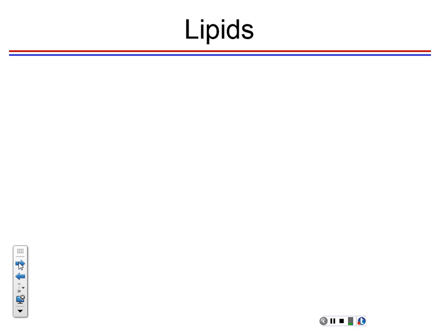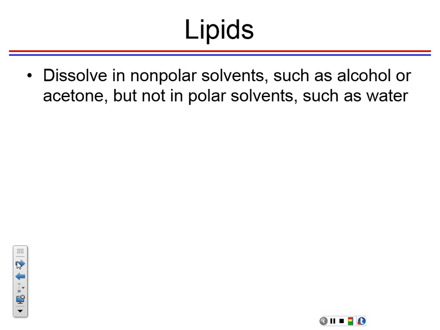All right. So we move on to the next organic compound, the lipids. And these don't dissolve in polar compounds like water. Remember, water has polar covalent bonds, so it's a polar compound because it's got slight positive and slight negative charges.